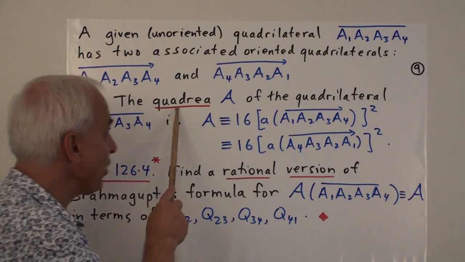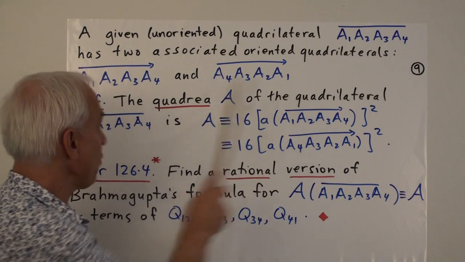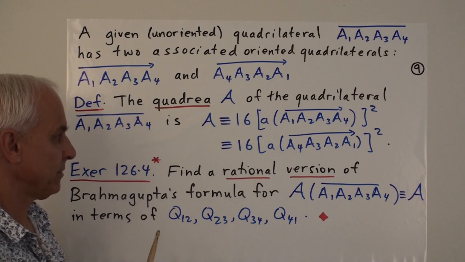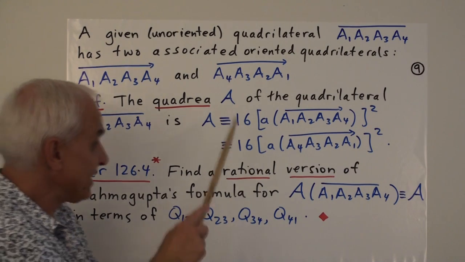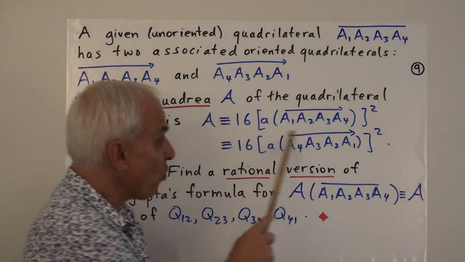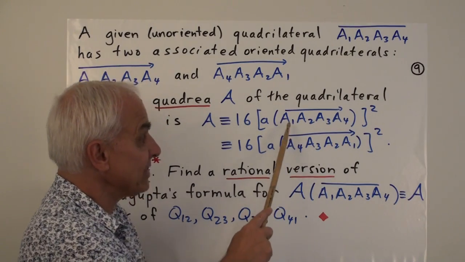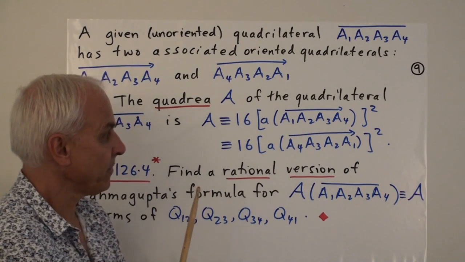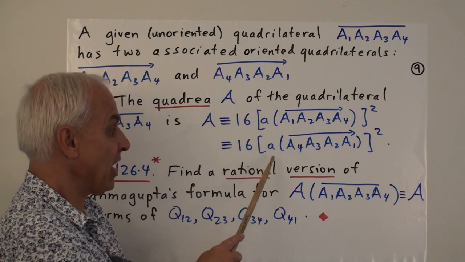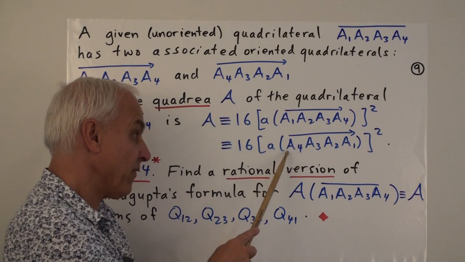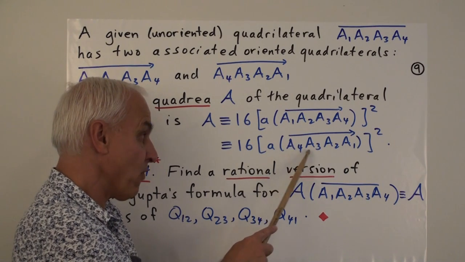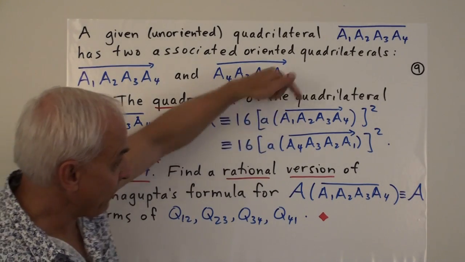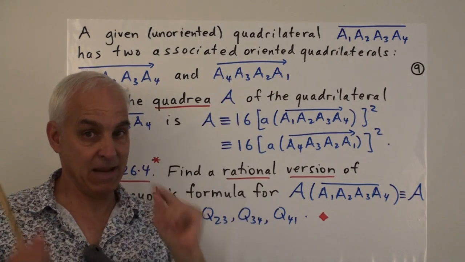So we're going to define the quadrea A of the quadrilateral A1, A2, A3, A4 to be, very important definition, 16 times the square of the area of the signed or oriented quadrilateral A1, A2, A3, A4. And that's the same as 16 times the square of the area of the oriented quadrilateral A4, A3, A2, A1, because these are negatives of each other, and when we square them, we're getting the same answer.